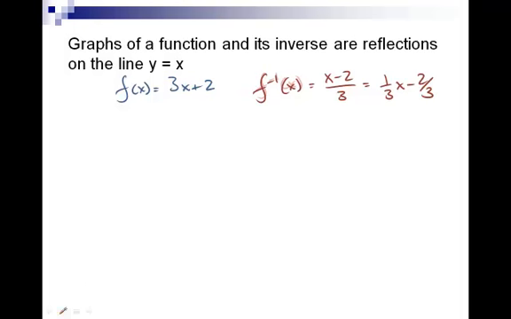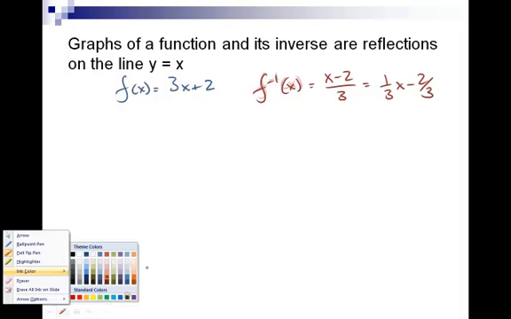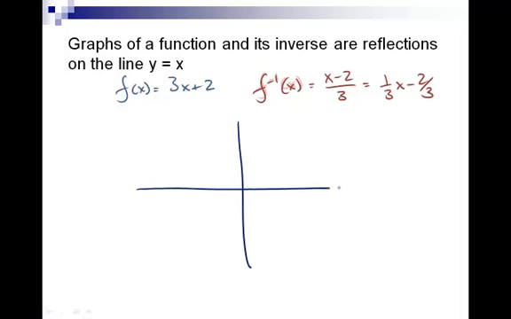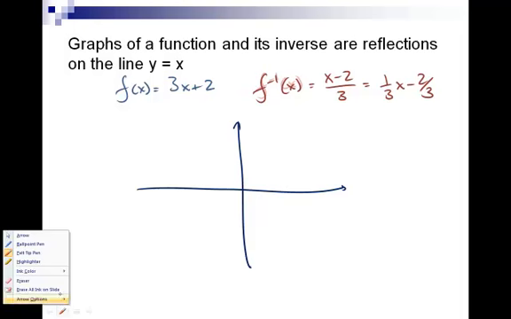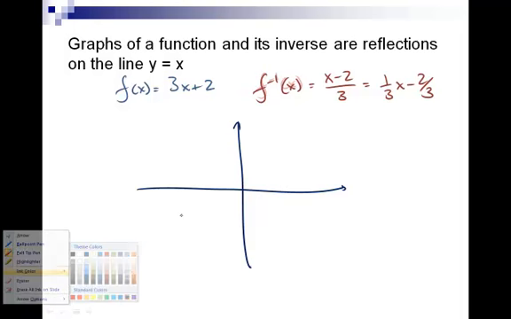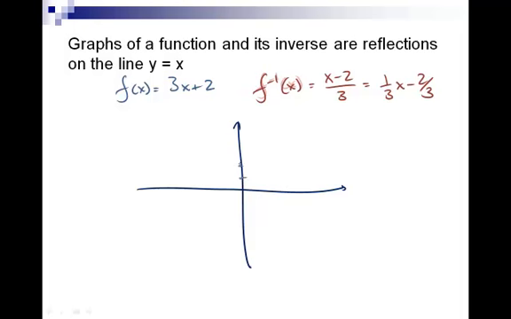That makes it a little bit easier to do as a linear equation. So here is my graph. Let's graph the first one. That's the color I used. Up 2 with a slope of 3.